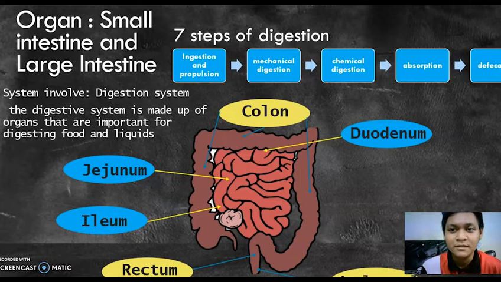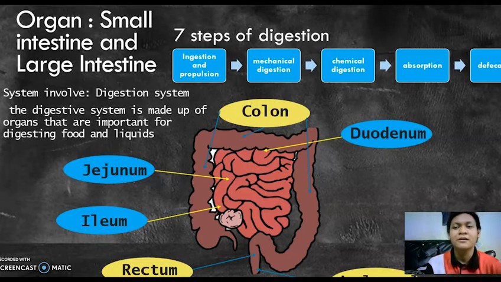The next step is the absorption process, where the nutrients are absorbed in the small intestine and large intestine. And lastly, the defecation process, where it will discard any unwanted waste that doesn't have nutrients from the body through the rectum and go through the anal canal.